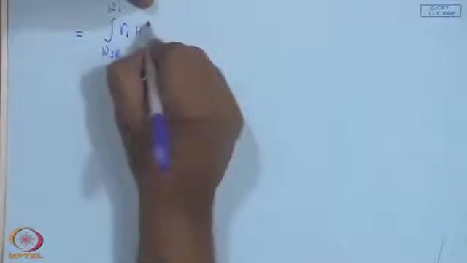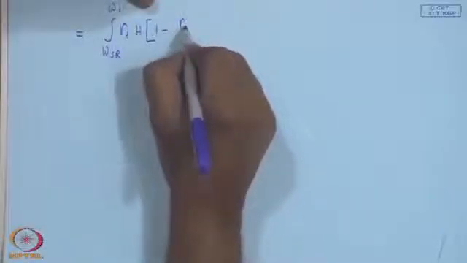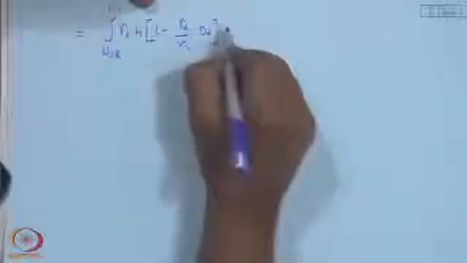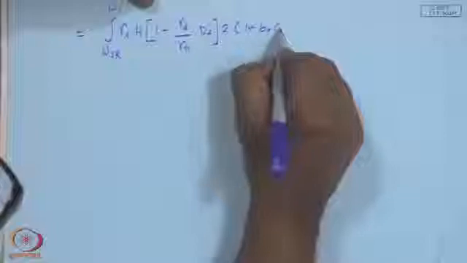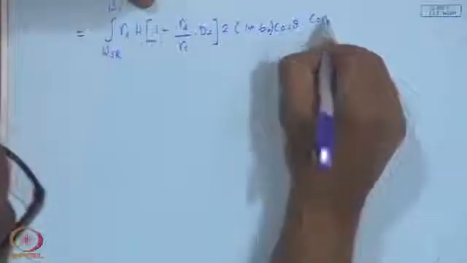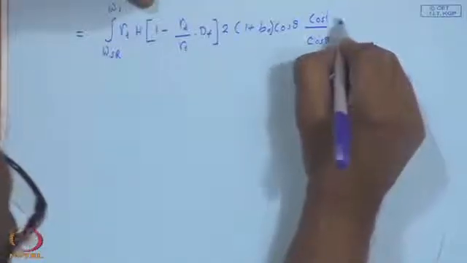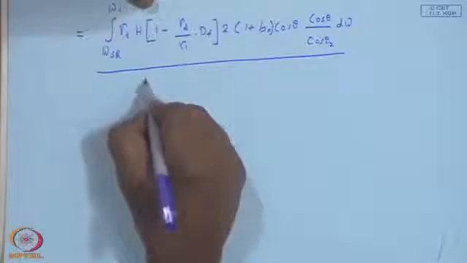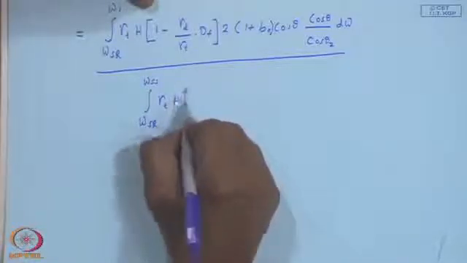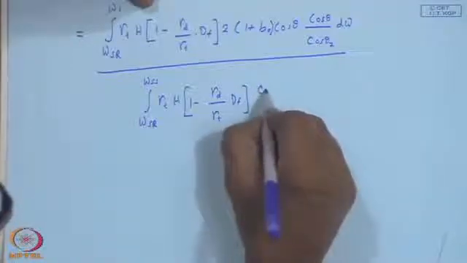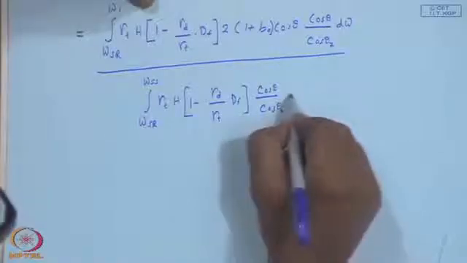Omega s r to omega 1 of R t into H into 1 minus R d by R t into D f times 2 into 1 plus b 0 cos theta times cos theta by cos theta z d omega, upon the integral from omega s r to omega s s of R t into H into 1 minus R d by R t into D f into cos theta by cos theta z d omega.